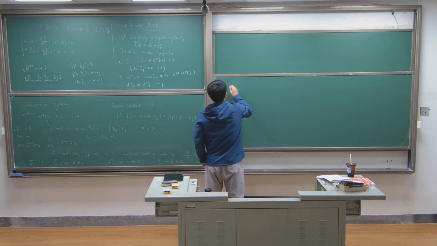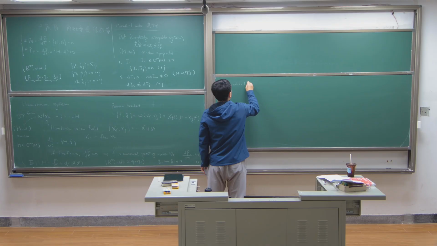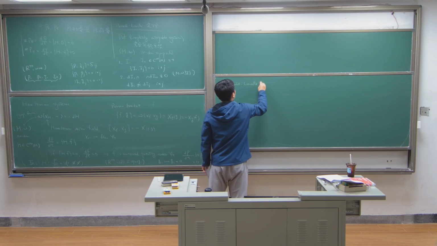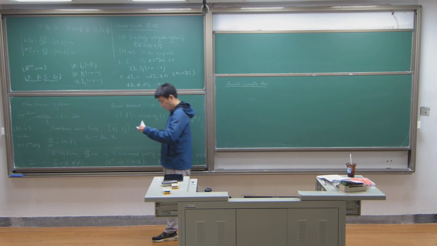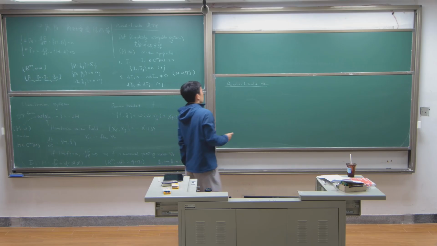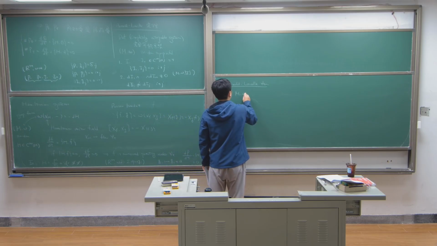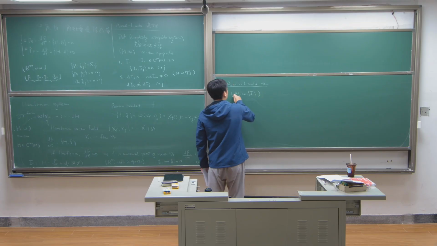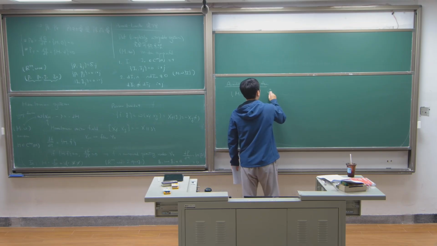And then I will review, saying that, suppose (M, omega, I) is a complete integrable system.